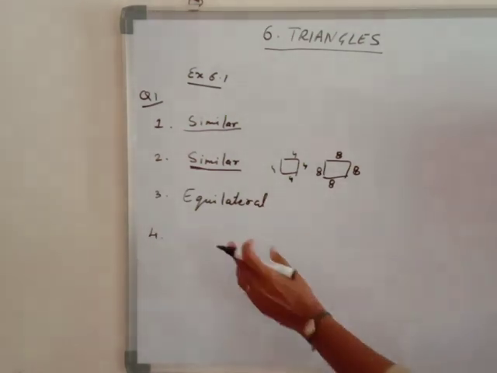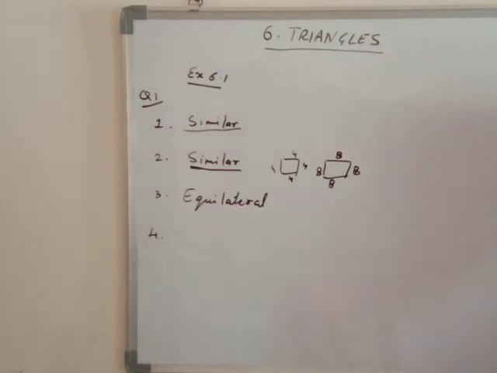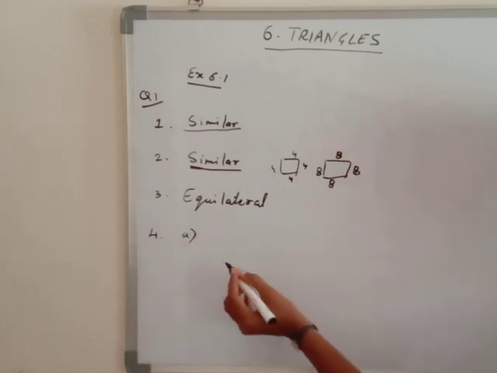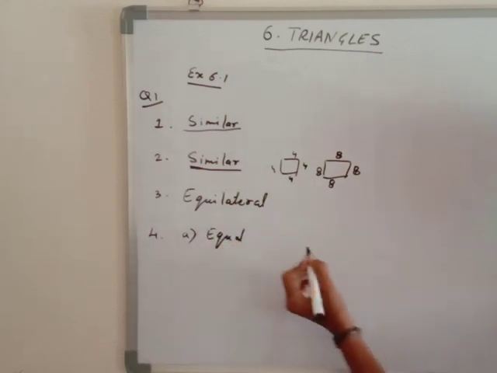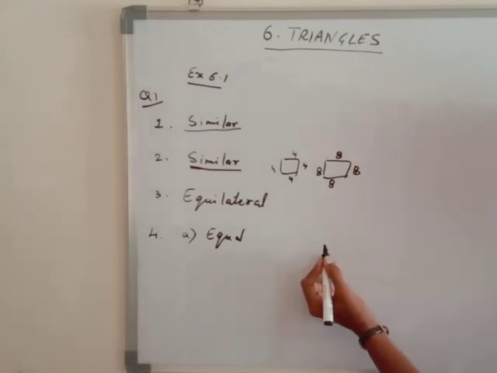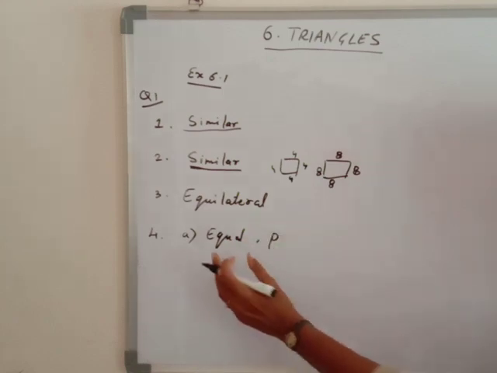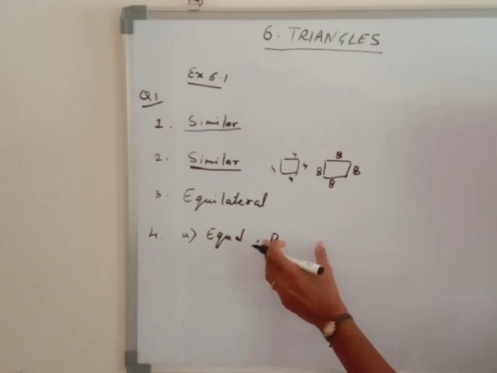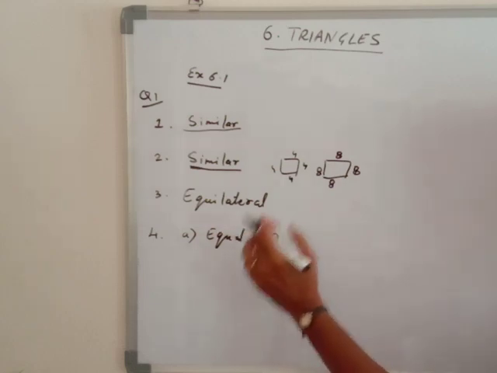Now question number 4. In question 4, two polygons of the same number of sides are similar if, first, what are the two conditions? If their corresponding angles are equal and their corresponding sides are in same proportion. See, angles must be equal and corresponding sides must be in same proportion. Then we say they are similar. But if angles are equal and sides are also equal, then we say they are congruent.